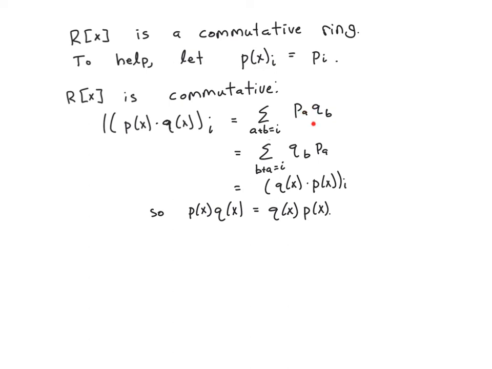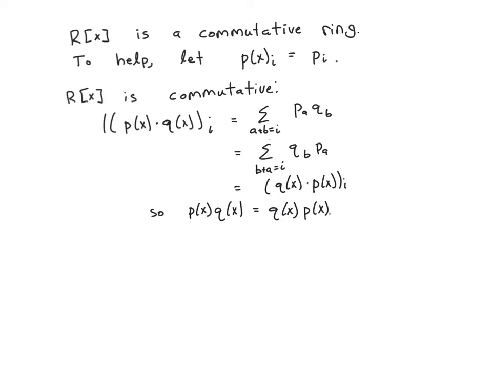Multiplication is commutative in R, so I can rewrite the order here. I could also rewrite the index of summation without a problem, and then I see that I'm looking at the ith coefficient of the product of polynomials in the other direction. So multiplication of polynomials is commutative.